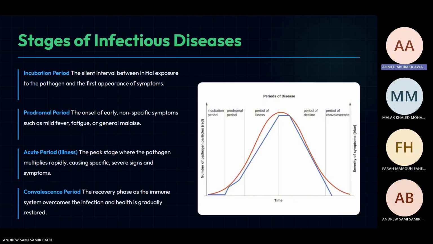This is the high mark of the infection. The pathogens are going to multiply like crazy, causing symptoms like high fever, intense pain, coughing, and so on. You'll feel the worst during this stage, and this is where you can go and seek medical attention.